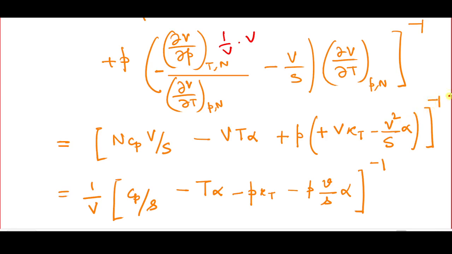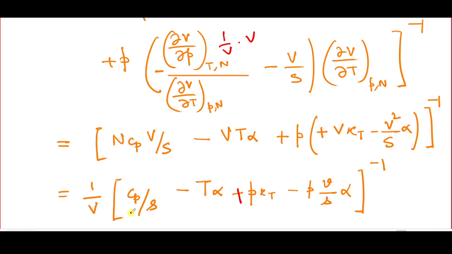There's a minus 1 power here, so that's why what is coming out is 1 over V. Now what we get is small Cp, capital S by N is small s, so molar entropy, minus T alpha, plus P kappa T, minus P with the loss of 1 V. This is capital V over capital S, and by dividing both the numerator and the denominator here by capital N, we get small v by small s, molar volume by molar entropy, into alpha.